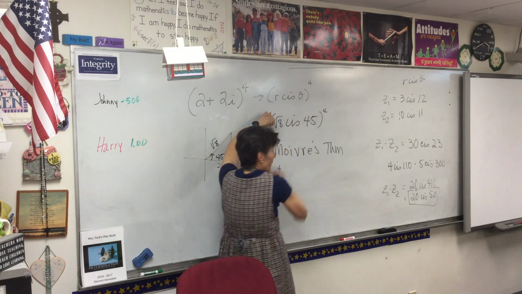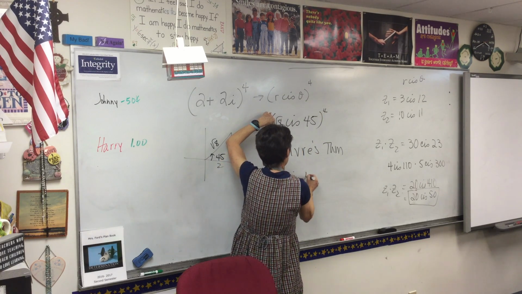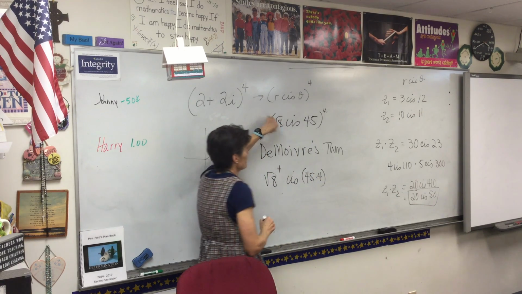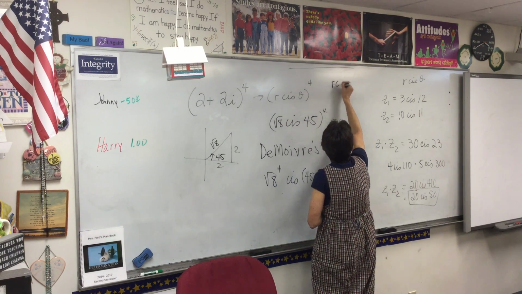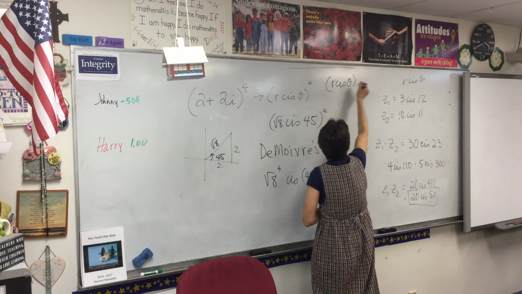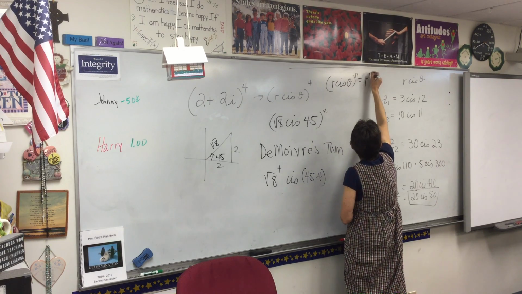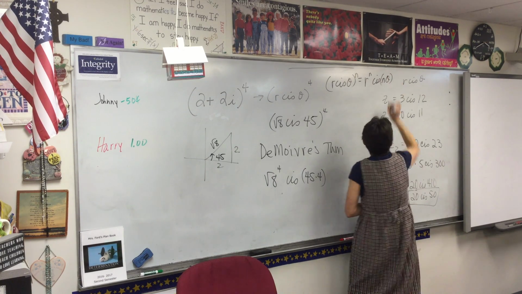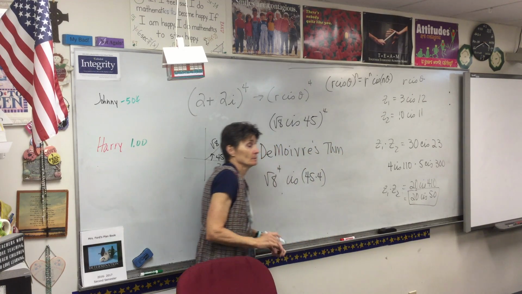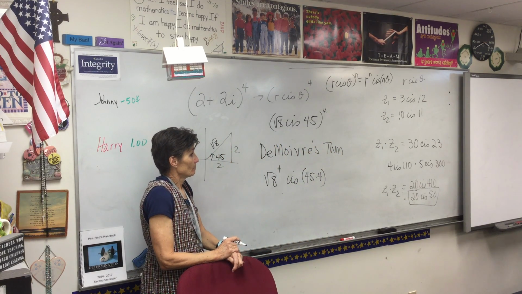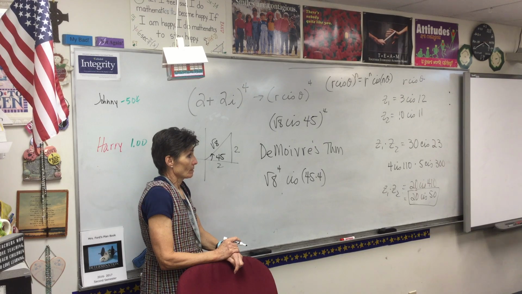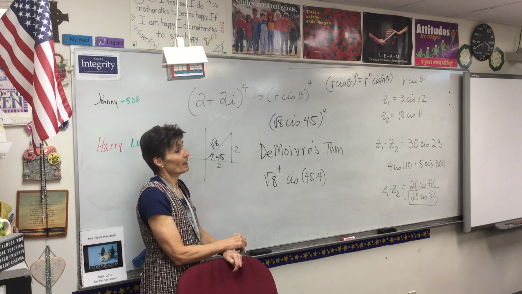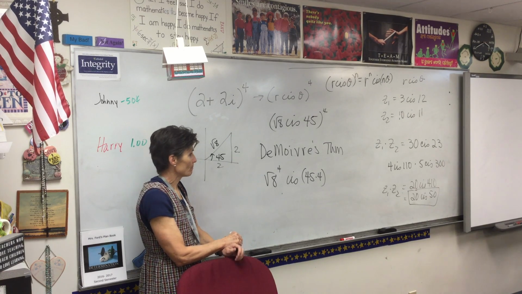Take r to the power and multiply the angle times the power. The theorem says raise the radius to the power and multiply the angle times the power.